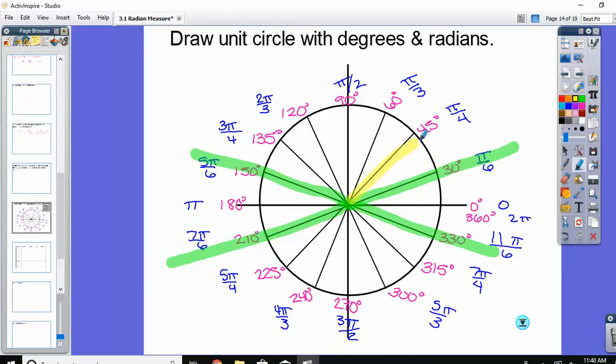The next line, those were the 45, so those are always over 4. And then you go to your 60s, so those are always over 3. So there's a lot of patterns going on here. Are there any questions?